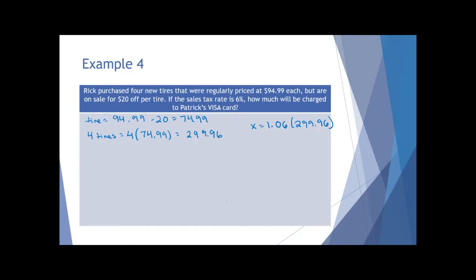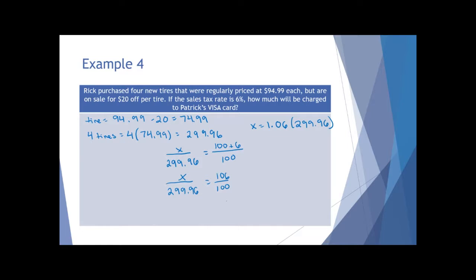But the proportion method would mean, okay, we don't know what our new price is after tax, but we know the starting price is $299.96. Then we have 100 plus 6%, and then it's over 100. So I have x over 299.96 equals 106 over 100.